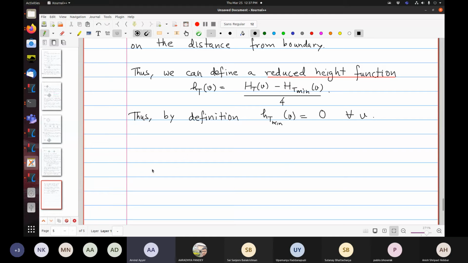Okay. So we will see soon that the all verticals tiling, T max, will dominate all other height functions.